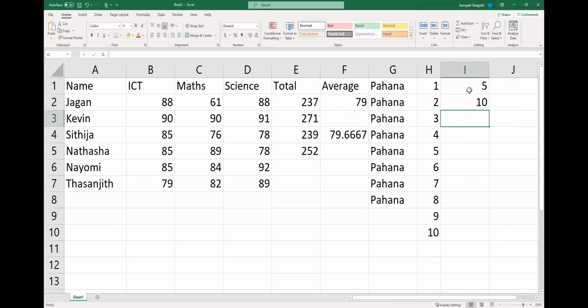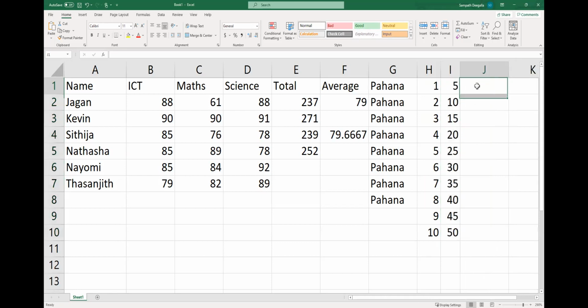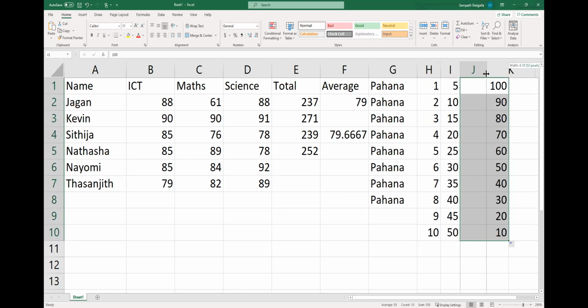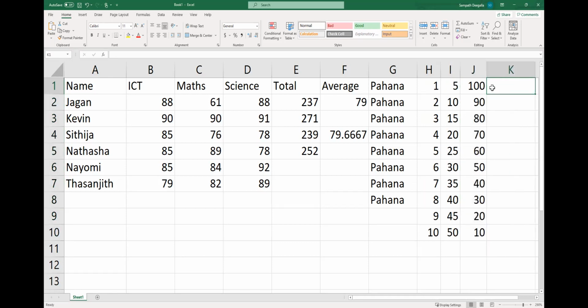If you select the first 2, and then drag, you can see the pattern. Another one, like if you say 100 and 90, it will preserve. You see, even things like Sunday, Monday, if you put in this form, it will go like this.